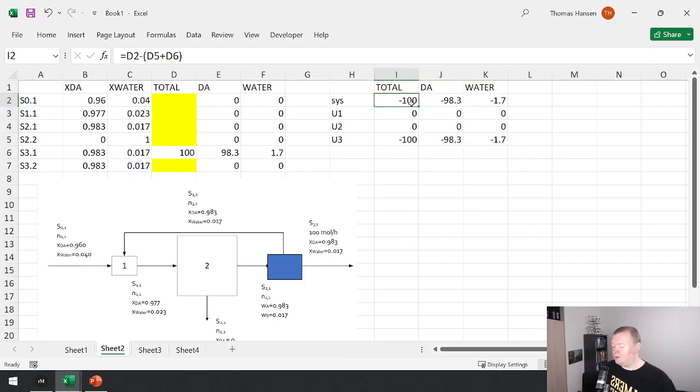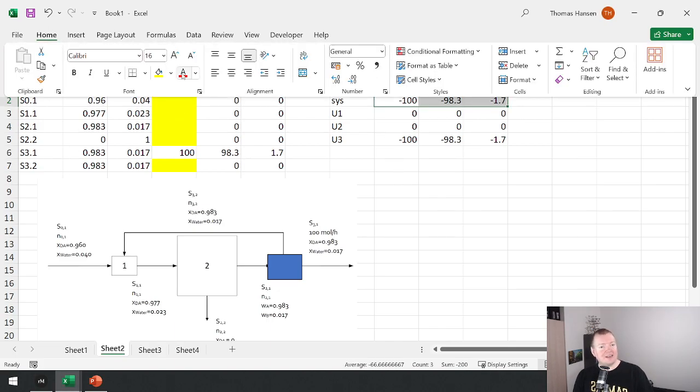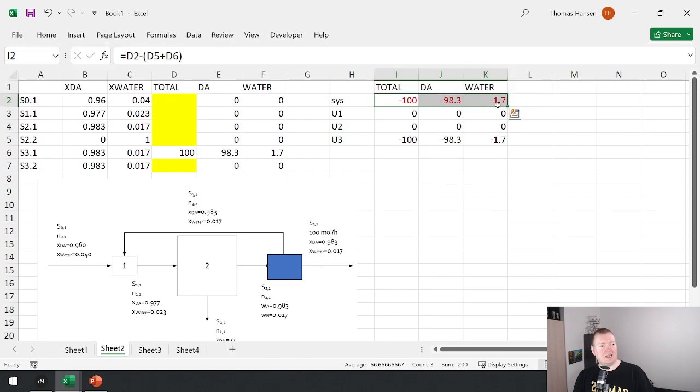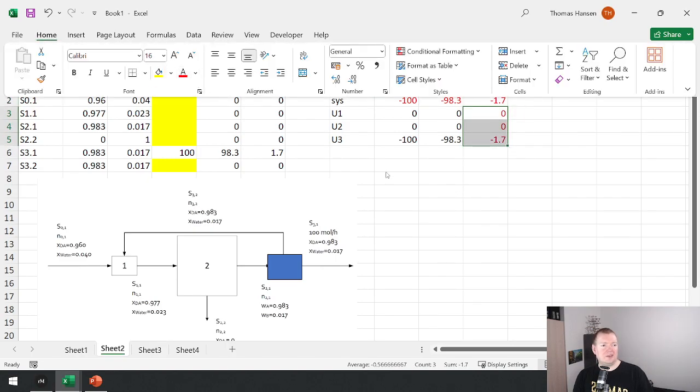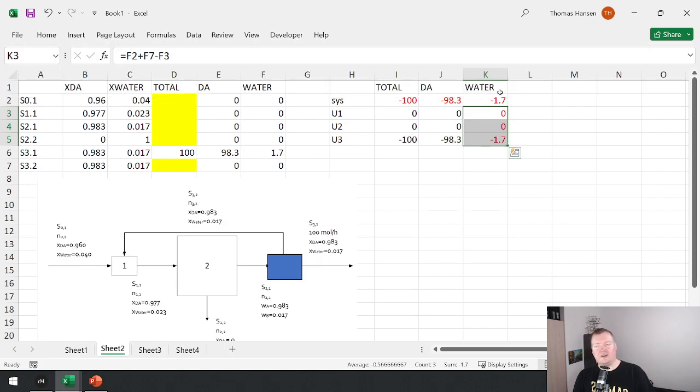And now we start to get into where we have to decide what equations we want to remove. This time, because I've looked ahead a bit, I'm gonna remove my system balance. We're gonna remove our water balance here and say these are not independent of all of the others. That would normally be sufficient.